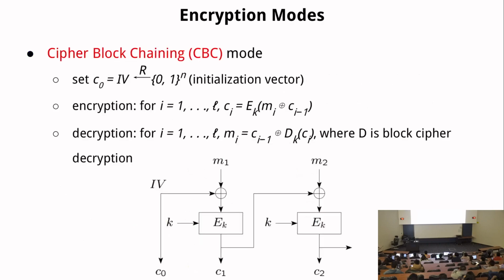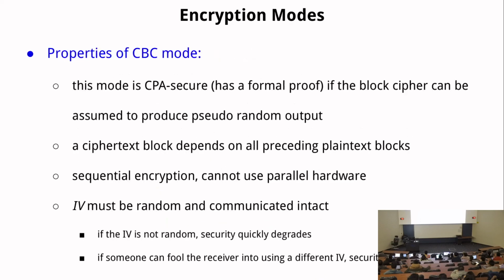But in this CBC mode, you cannot do that anymore, because the encryption of the second block relies on the output of the first block. You have to encrypt the first one, then feed the second operation with the output of the first one. So it will be strictly sequential, and very slow.